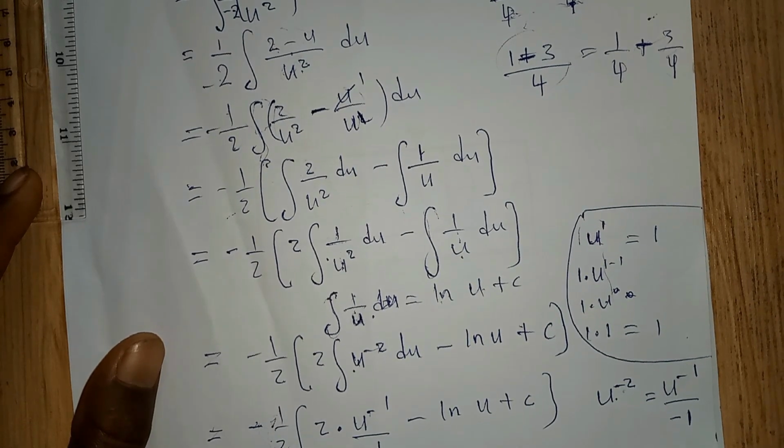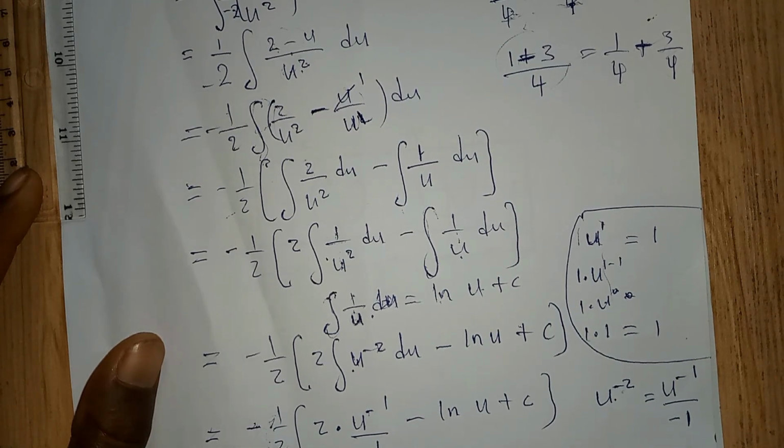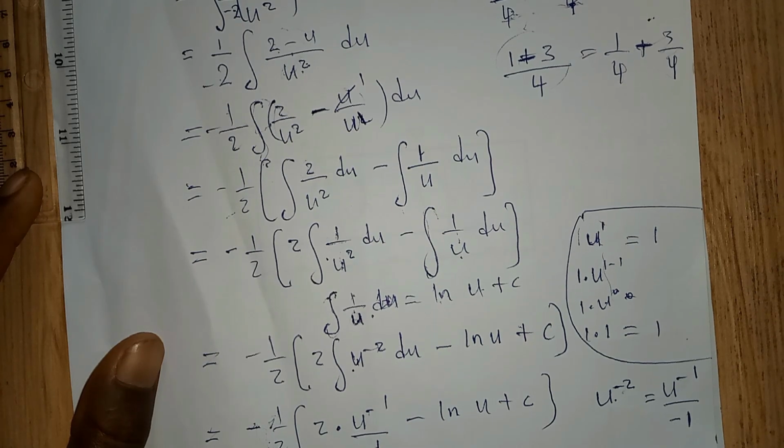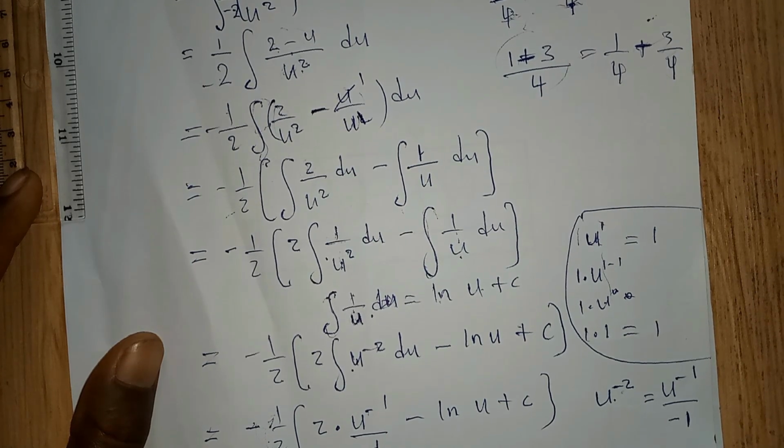So we have minus 2u raised to the power minus 1 all over minus 2, then 1 over 2 ln u, plus c.